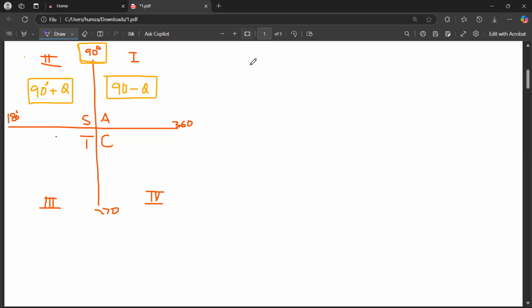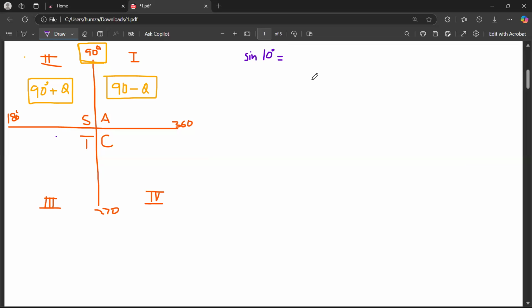Okay. Before I can explain how this Cartesian plane works, like the other one, we need to understand something. If I give you sine 10 degrees, this will be equal to what?